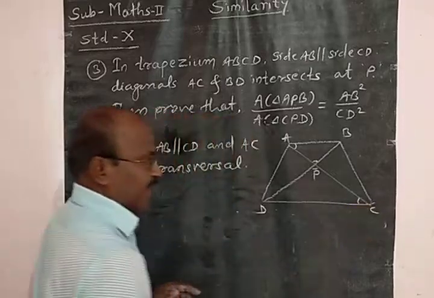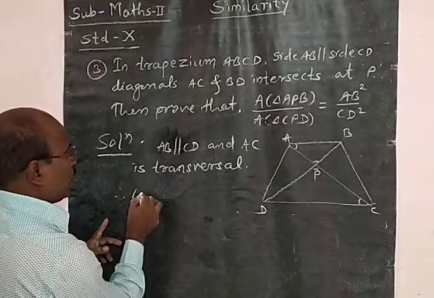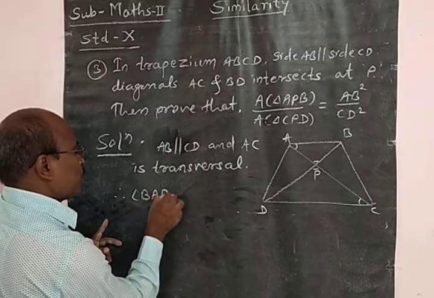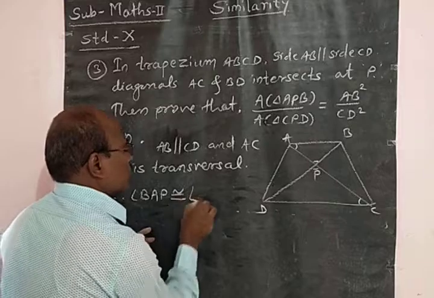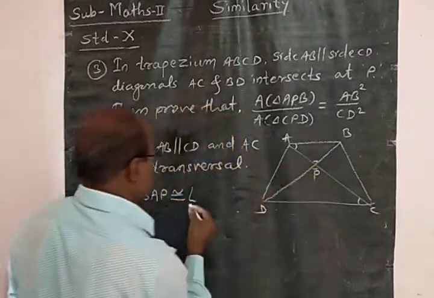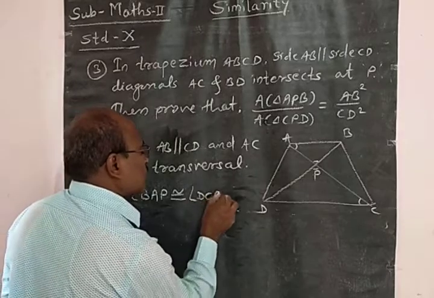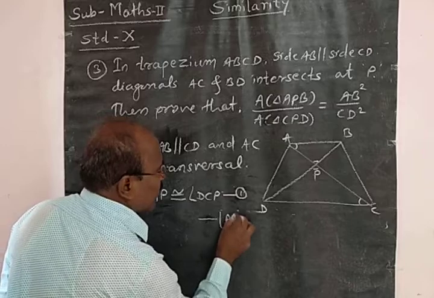These two are the alternate angles. So take angle BAP is congruent to angle DCP. Say this as the first one and write the reason here: alternate angles.